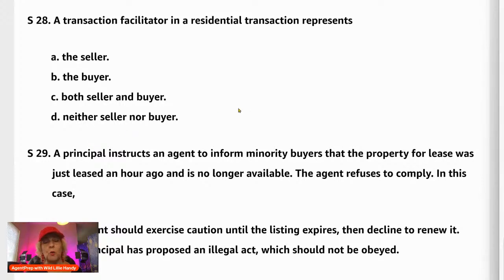Neither seller nor buyer. Okay, that could be like a transaction assistant. The title company, a third party, they don't represent anything. They facilitate the closing. So the transaction coordinator, that's a facilitator. They do all the documentation in a residential transaction.